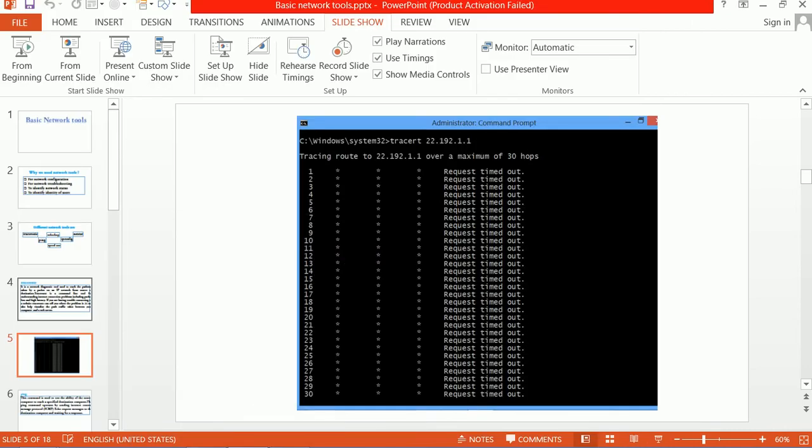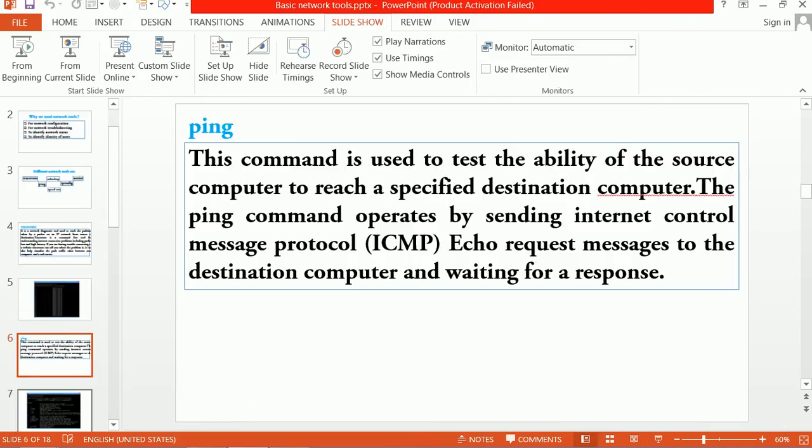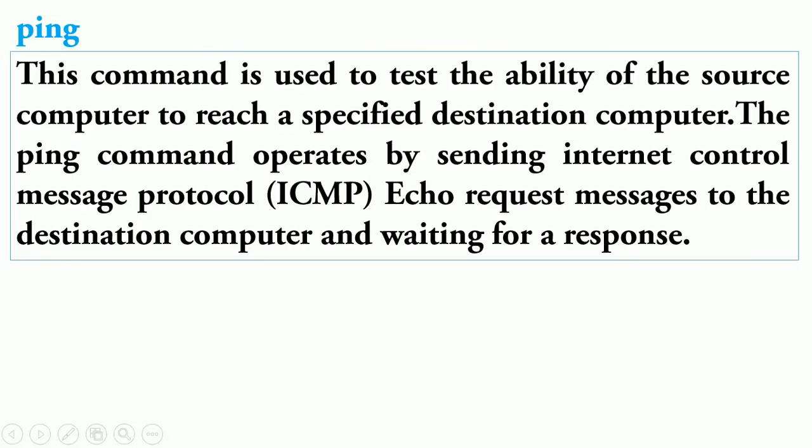Now we will go to the second command, that is our ping command. As the name suggests, it tests the ability, meaning it will check whether a connection is possible to send data to the destination, and whether this data will reach the specified destination or not. It uses a protocol known as ICMP, Internet Control Message Protocol, which first sends request messages to the destination computer and then waits for the response.